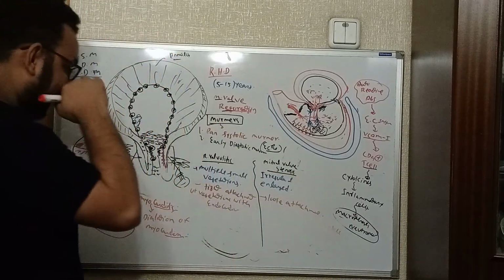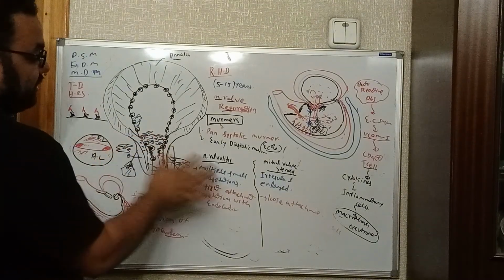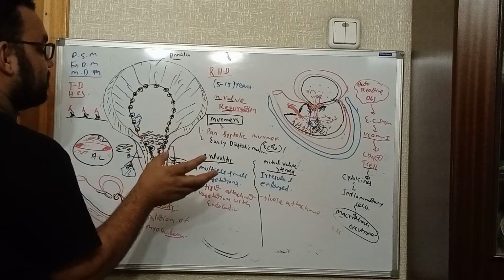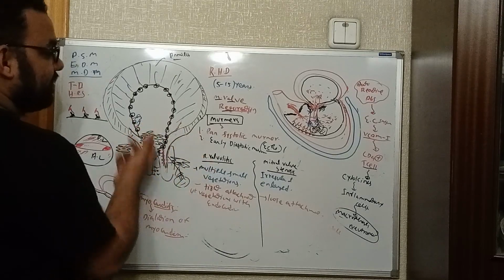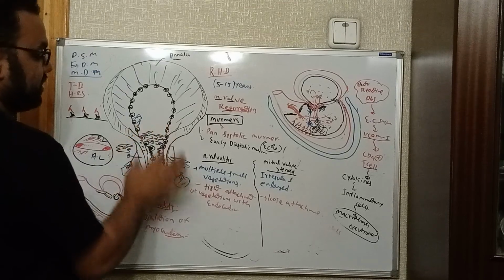What about the third thing? If the vegetation is loosely attached in case of mitral valve stenosis, there is a chance for it to fall down, to get detached from this region, so it can go away from these regions.